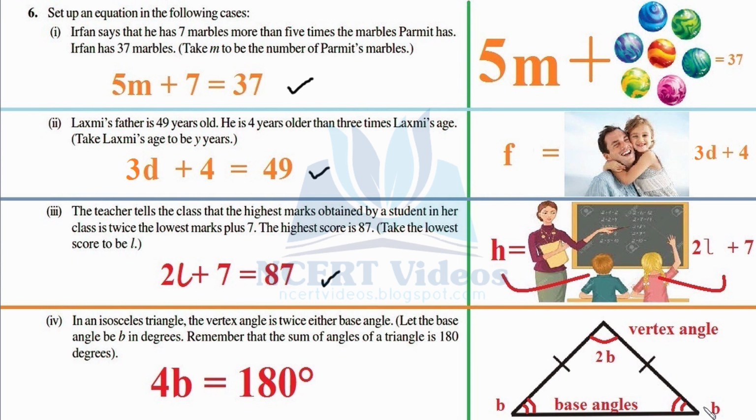So we will add all three angles: b plus b is 2b, 2b plus 2b is 4b. Therefore 4b equals 180 degrees. So this is how you turn your day-to-day life situations, which are represented in language form, into mathematical form, so that we can calculate and deduce some useful information from that. So this is your last question, question number 6.